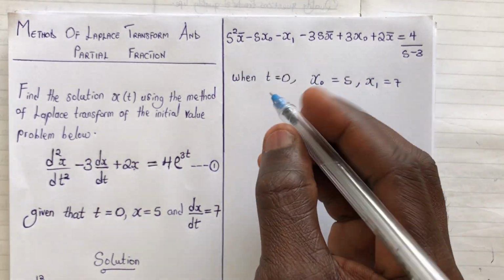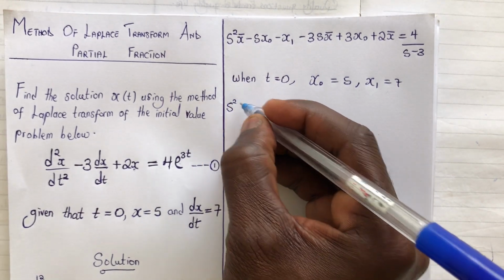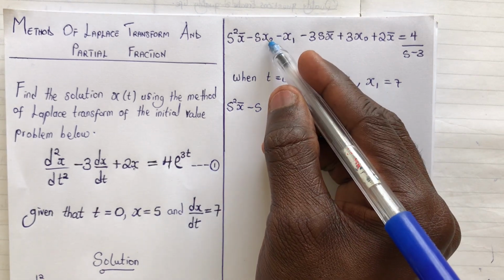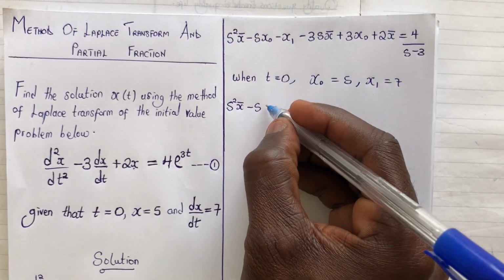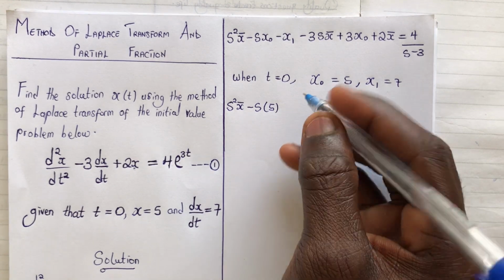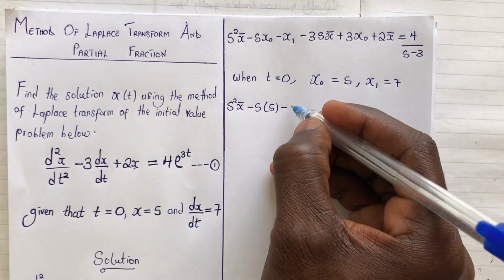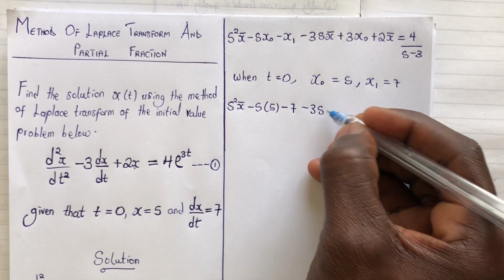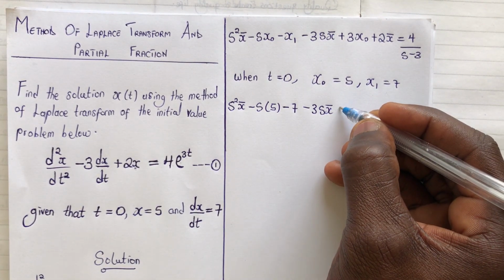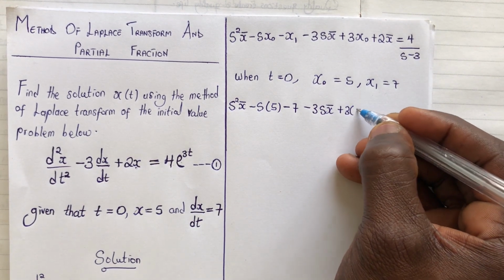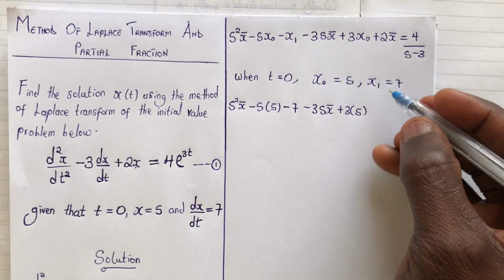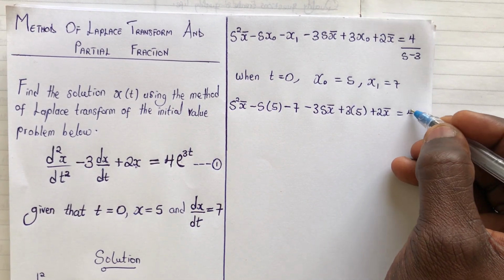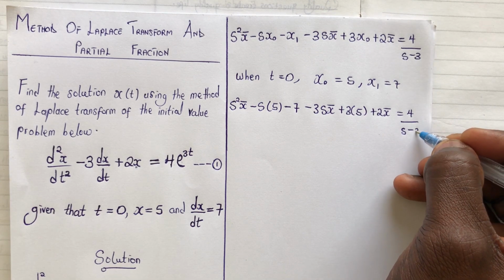So here we have s squared times x bar minus s, what value do we have here? x naught is 5, so we put our 5 in this bracket, minus, then we put our 7, minus 3 s x bar, then plus 3 into what? 5, because we have 5 here, plus 2 x bar equal to 4 over s minus 3.